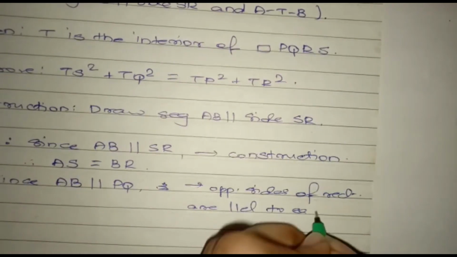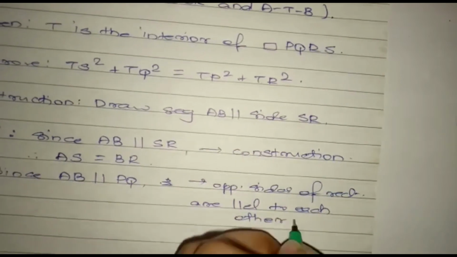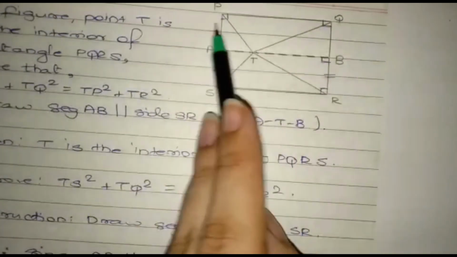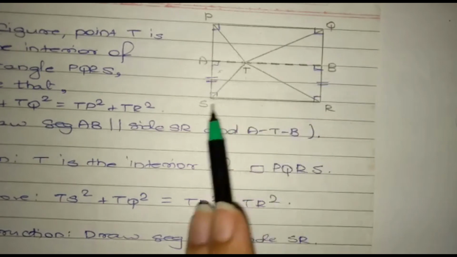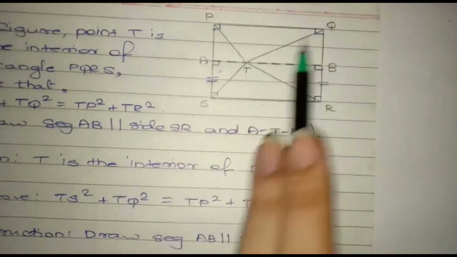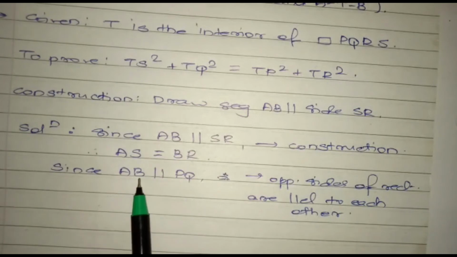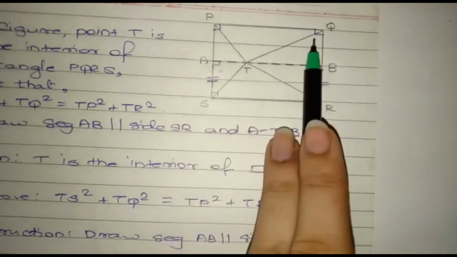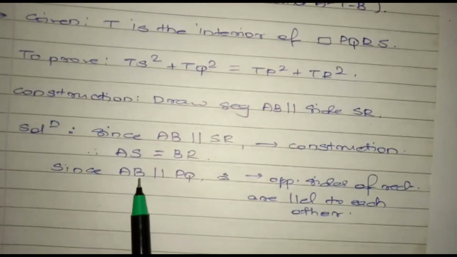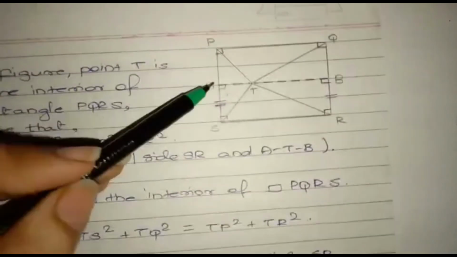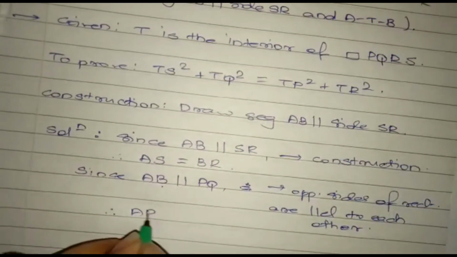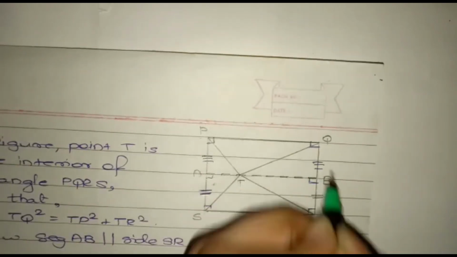Since AB was parallel to SR, and PQ is parallel to SR, therefore PQ is also parallel to AB. Therefore AP is equal to BQ.